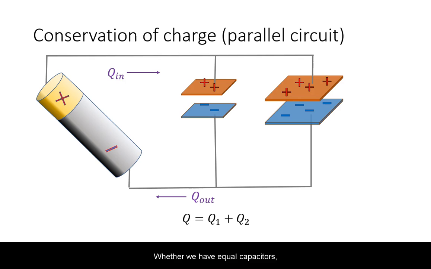Whether we have equal capacitors or different ones, the sum of the charges built upon them must equal the charge separation of the circuit as a whole.